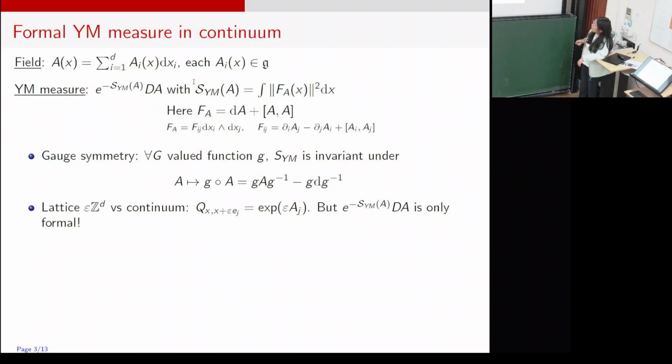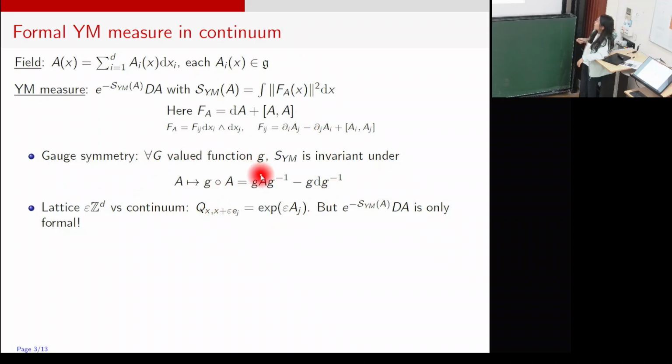And in this case, we also have the gauge symmetry property. This is like the continuous version of the gauge transform. It acts on the A component. For any G-valued function g, we have this continuous version of the gauge transform.